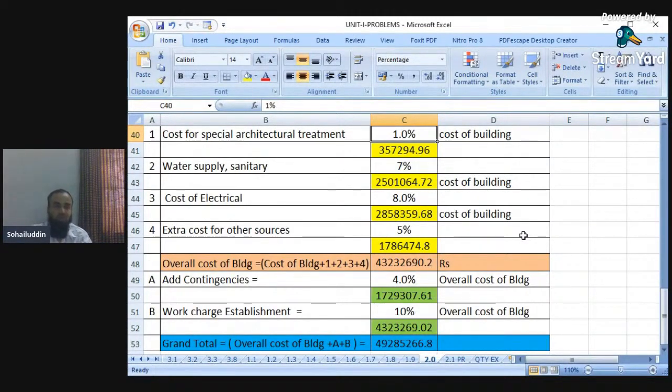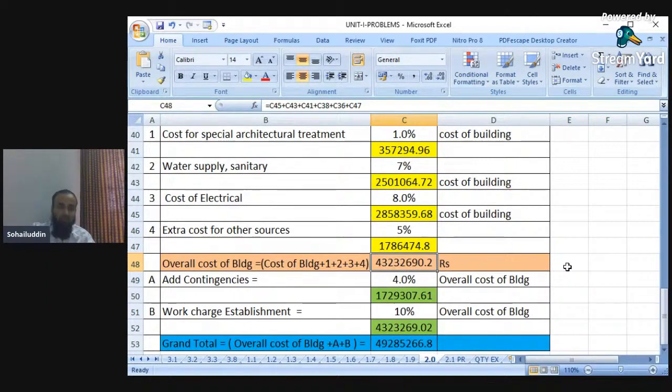The overall cost is the cost of building plus special architectural treatment plus water supply plus electrification plus other services. The addition comes to this, which is the overall cost.